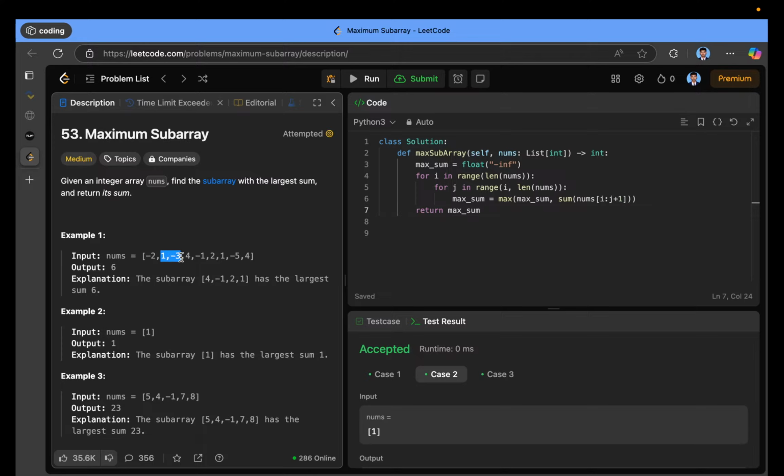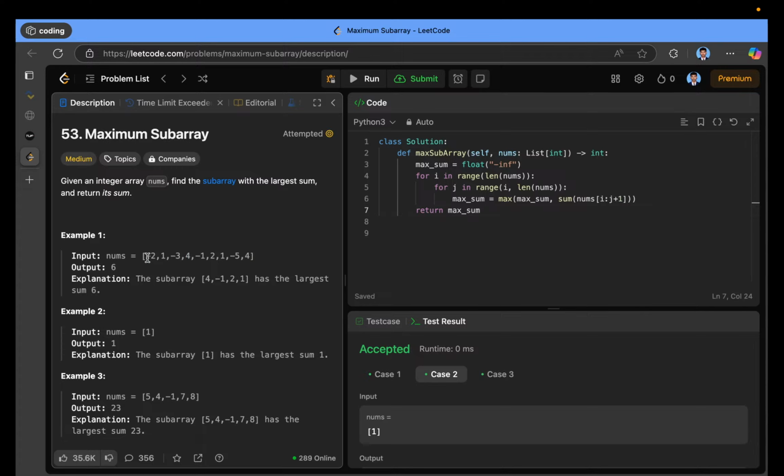Again -3 makes the sum negative. Forget these two. Let's go with 1, 4, -1, that is 3, 4, 5, and then 6, and then again 6 minus 5 is 1, and 4, 5. Wow, I think I just got the way to solve this.